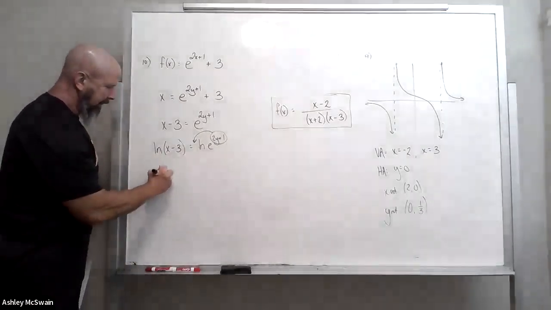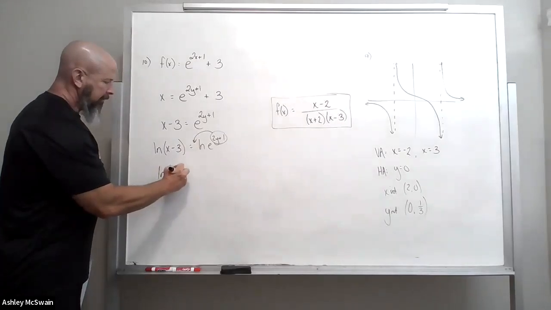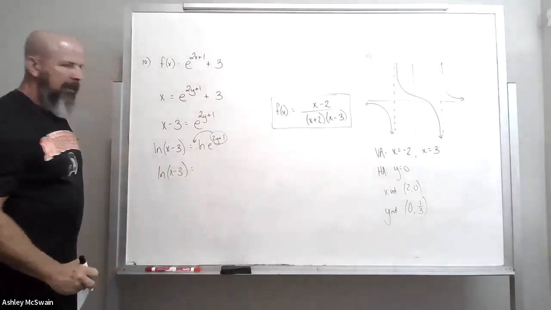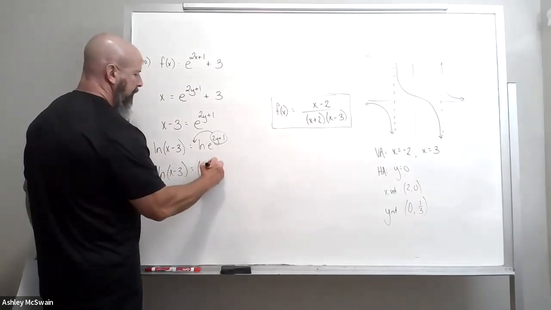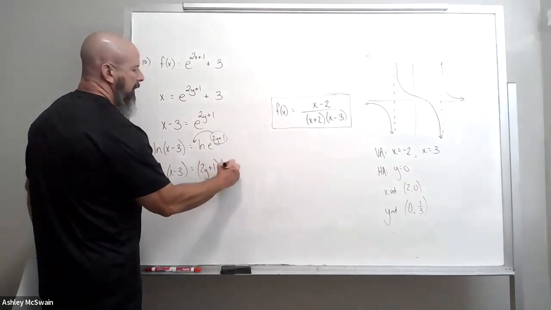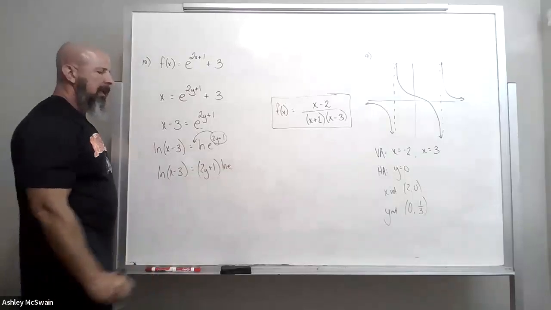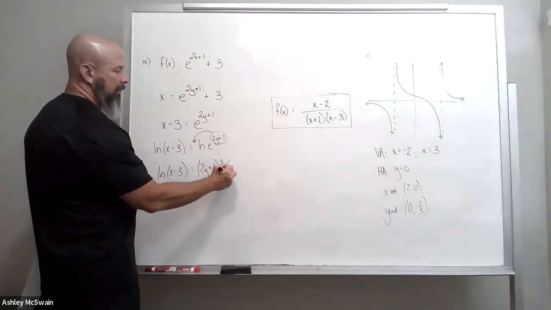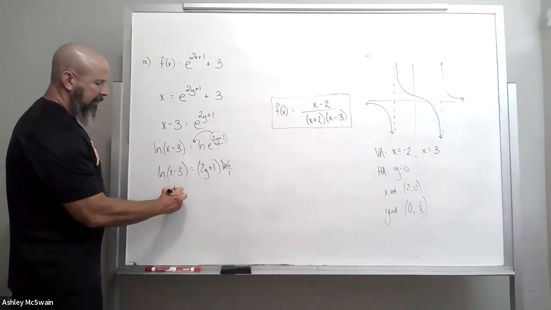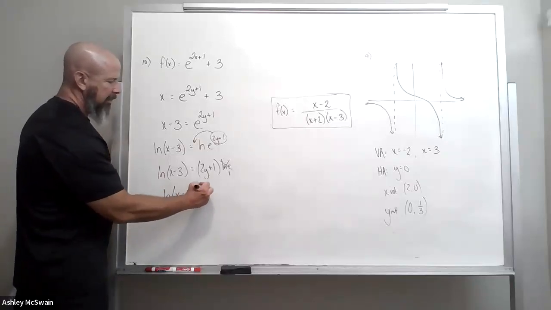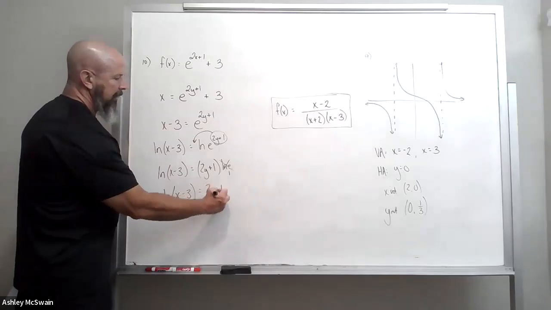So now I have ln x minus 3 equals 2y plus 1 ln e. Ln e is 1. So now I have ln x minus 3 is 2y plus 1.